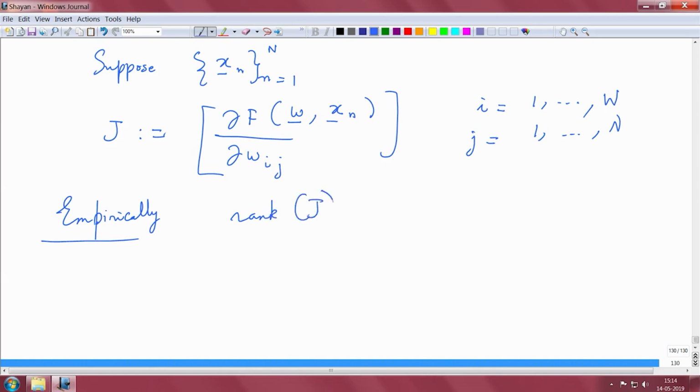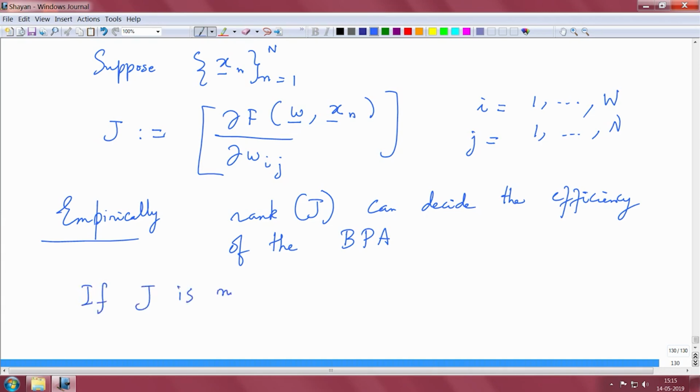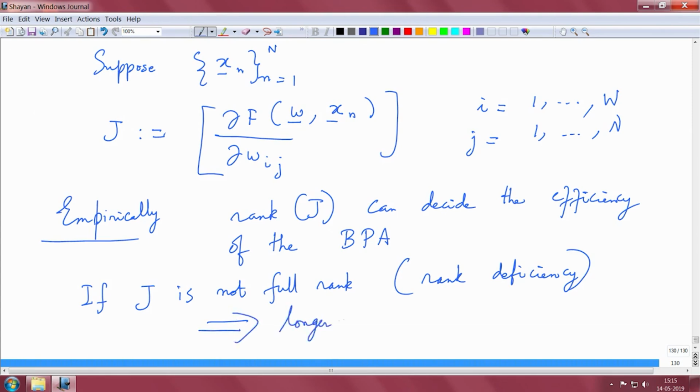Now, empirically, the rank of this matrix can decide the efficiency of the backpropagation algorithm, and in particular if J is not full rank, that means it is rank deficient, and this would lead to longer learning times.